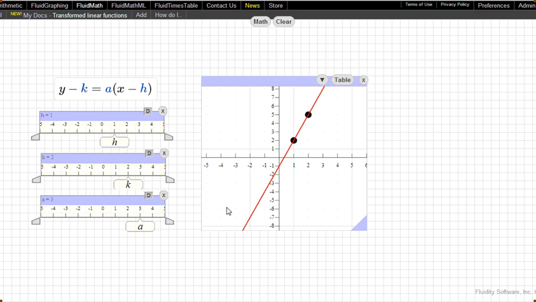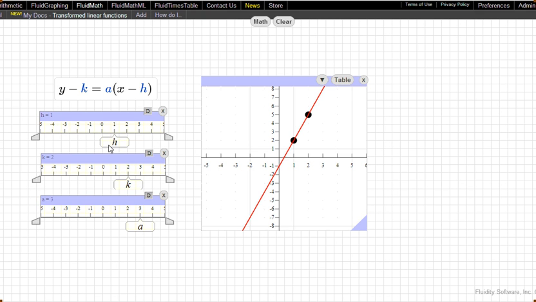It has a slope of 3. As we go from this point to this point, we rise 3, run 1, so it has a slope of 3. And we verified that this is the graph of y minus 2 equals 3 times (x minus 1).